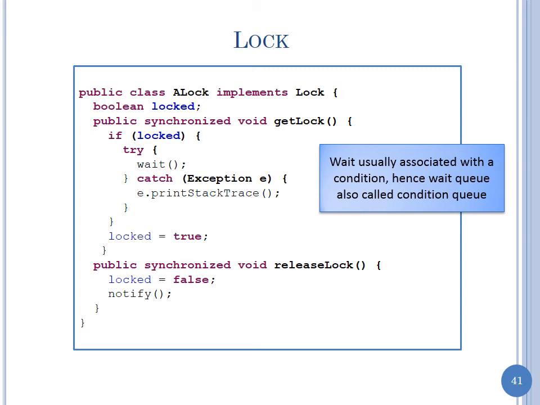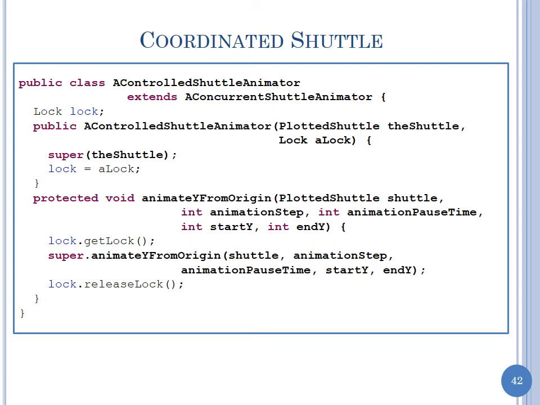Okay, and there's this one object that all shuttles keep track of. So now what happens is that all animators are passed this lock when they're created, and then internally, before making their movement along the y-axis, they try to get the lock, and after finishing movement along the y-axis, they release the lock.